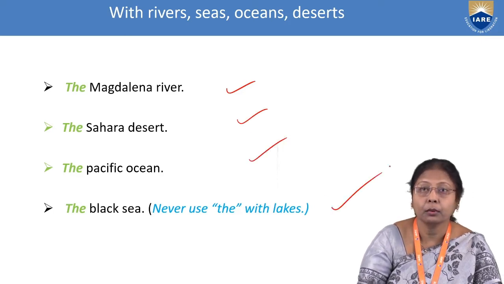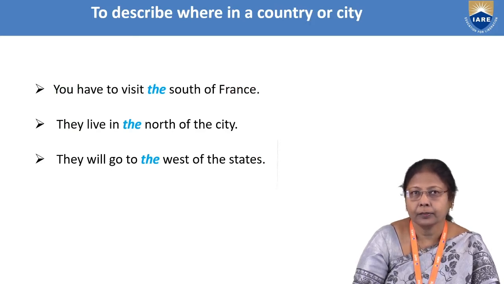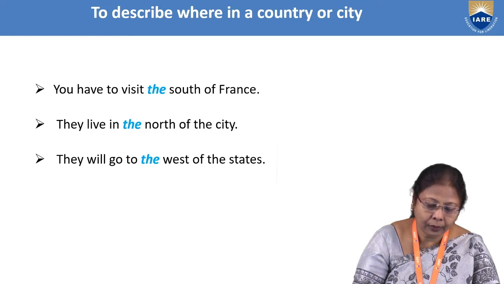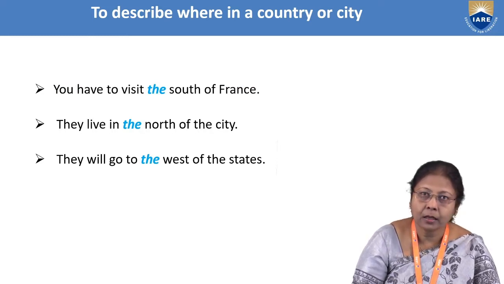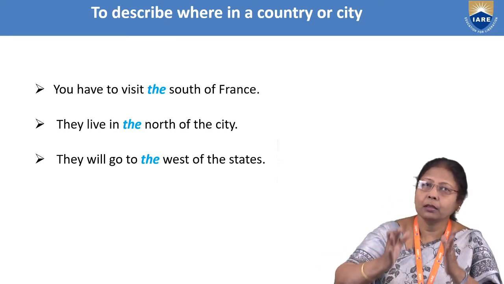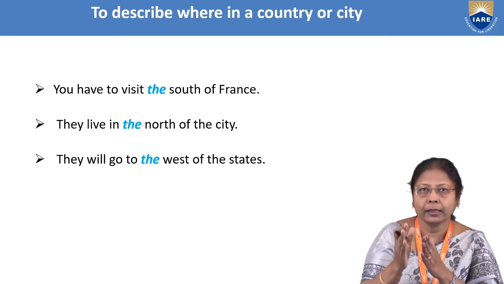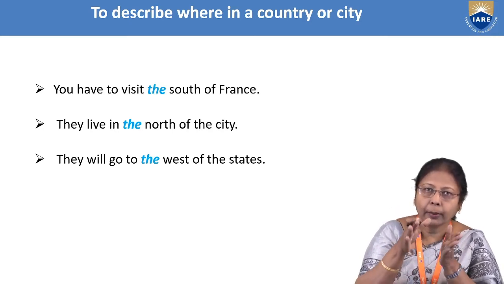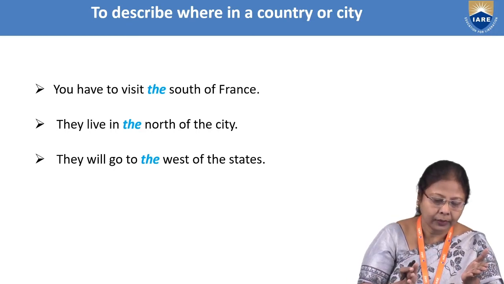Just remember this rule. And the next one is to describe where in the country or city. Here I say, you have to visit the south of France. South of France means where the country is located. Specifically, if you get the chance of talking about the place, you have to use the definite article "the".